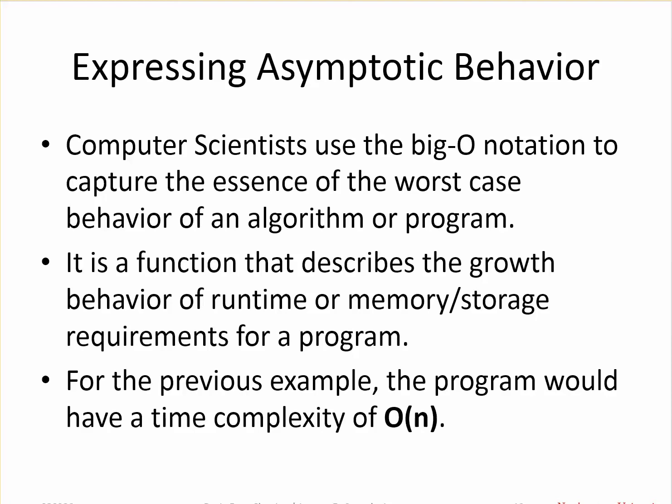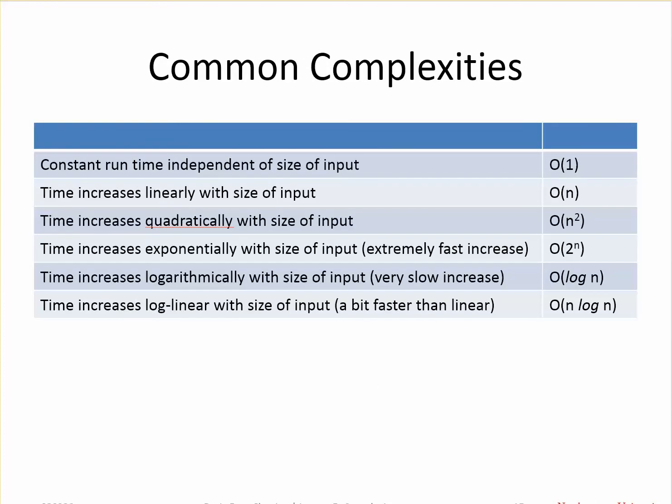It's related to the size of the input. So if you started with 1,000 records in a data set, it takes some amount of time to run. If you have 2,000, it'll take twice as long to run. If you have 10,000, it'll take 10 times as long to run. This is what we mean when we say that time increases linearly with the size of input.